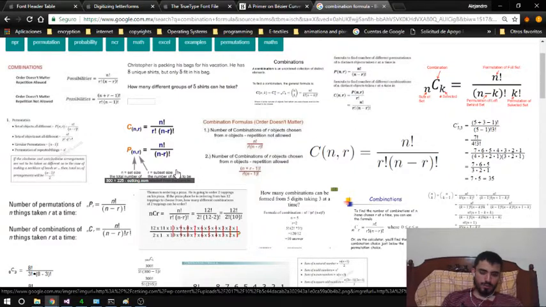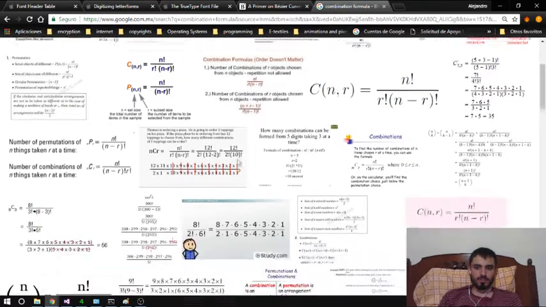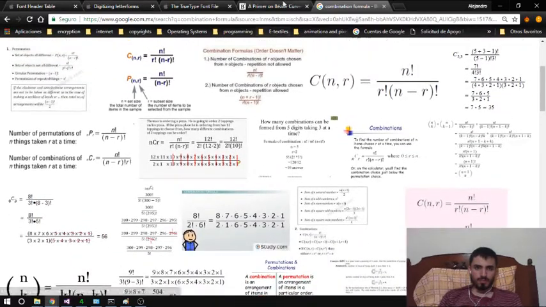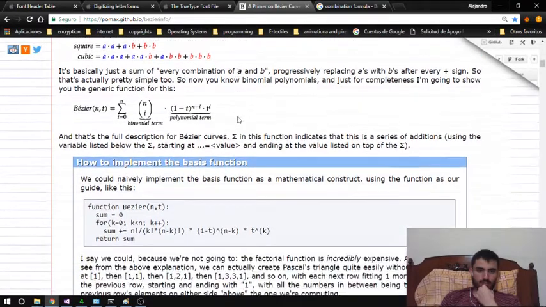It is n factorial over r factorial times (n minus r) factorial. So basically he has it here.